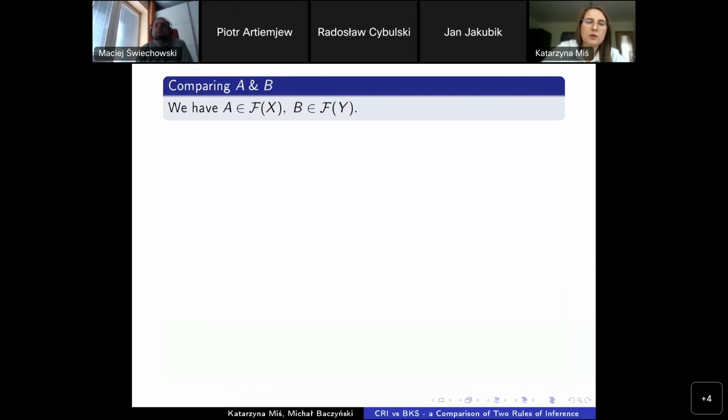However, if we compare A and B, what I was trying to do in the beginning, where I had a fuzzy rule if A then B, the set A and the set B can be from different universes. In such a case, we are not able to use such definitions, but we constructed some functions that are a little bit similar to similarity measures.